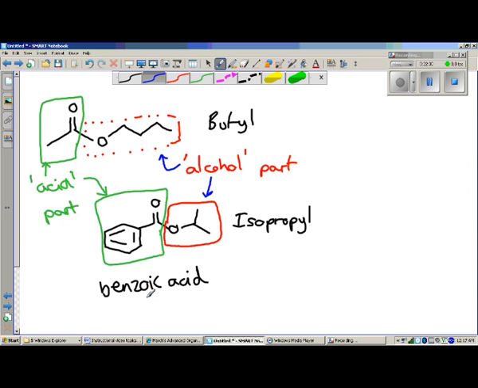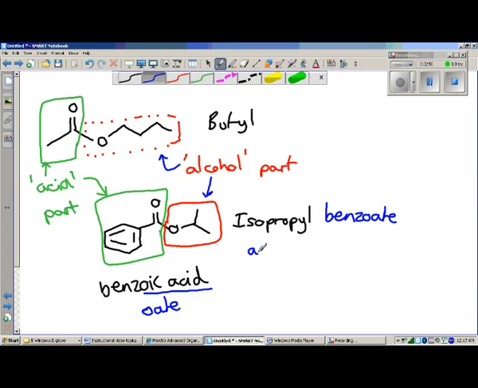And then all you do is you replace the oic acid with a different suffix to represent an ester, and that suffix happens to be oate. So what that means is benzoic acid turns into benzoate. Isopropyl benzoate.